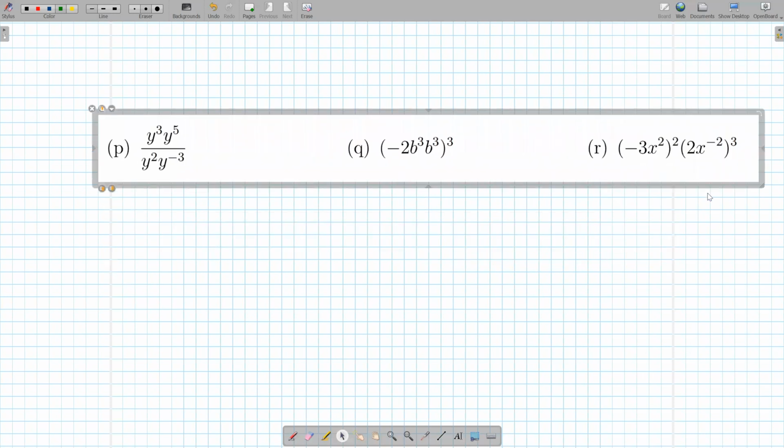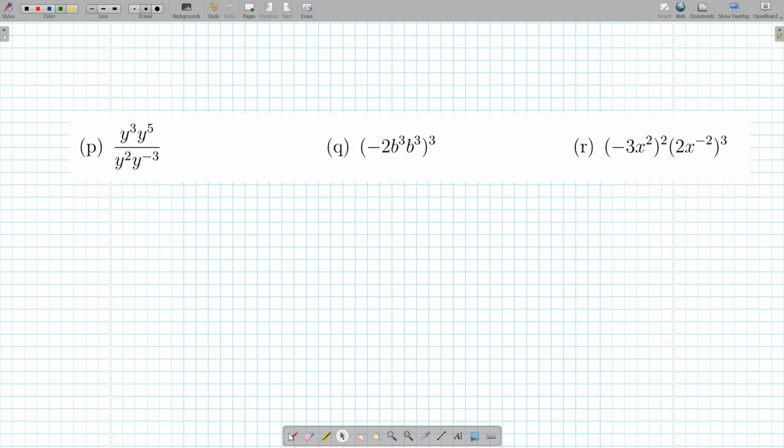All right, let's look at these guys. Let's start with P. Again, that's a one-step answer, but you have to be careful. You can use multiple steps if you want. Let's do that. What do we get in the numerator? Y to the power of 8? Yeah, what about the denominator?